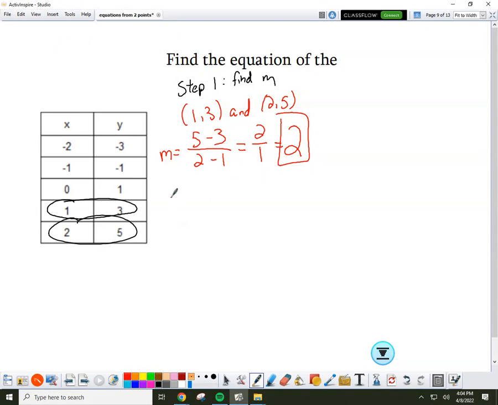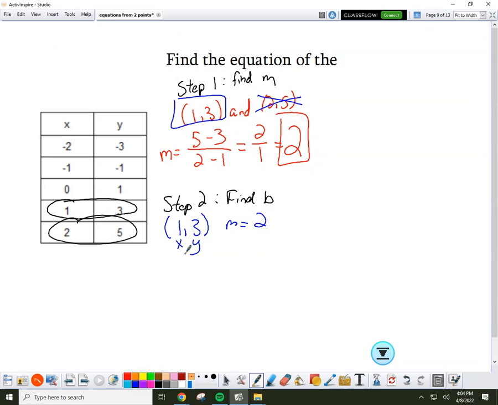Step 2. Find b. Find our y-intercept. So we're going to take one of these ordered pairs that we picked and our slope, and we're going to find that. The ordered pair that I'm going to pick is going to be this one. So I'm going to forget about that ordered pair. So I'm picking 1, 3, and my slope is 2. We label our ordered pair. This is x, this is y.